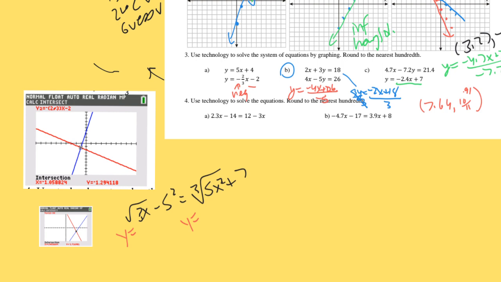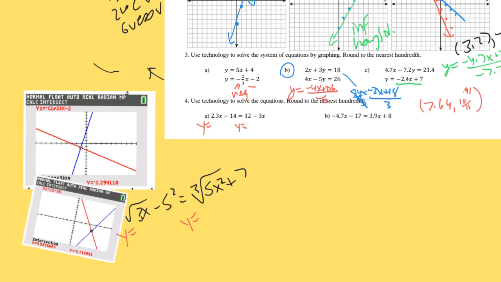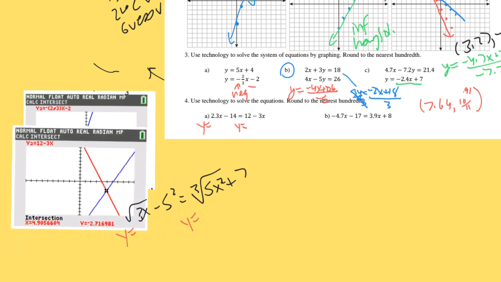It's the weirdest thing. It's like doing substitution where you insert a y, pretend it's a system of equations, and graph those two sides of the equation to see what x would be to make those equations equal. So if you plug in y equals this on the left side and y equals this on the other side, and look to see where they cross, you're going to figure out what the solution is. You don't really care what the y is, okay?